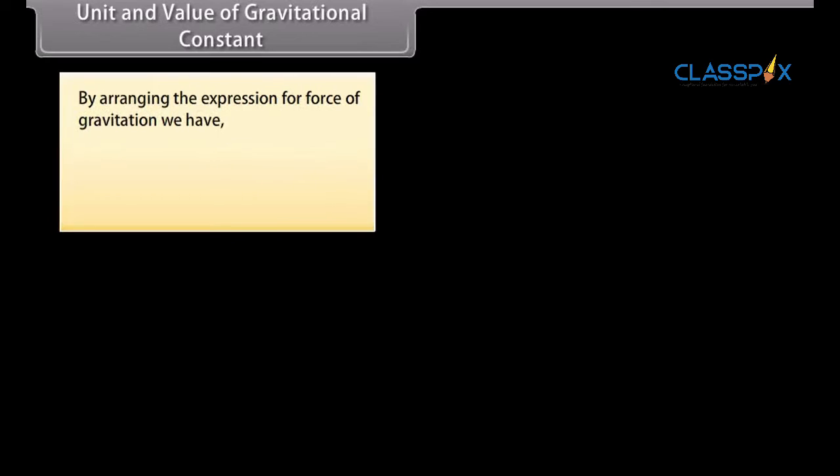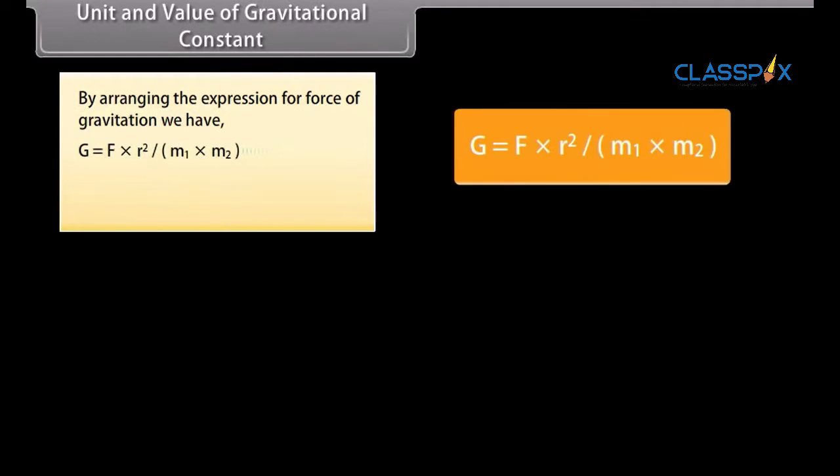Unit and value of gravitational constant. By rearranging the expression for force of gravitation, we have G equal to F r squared upon m1 m2. The SI unit is Newton meter squared per kilogram squared, or N m² per kg².